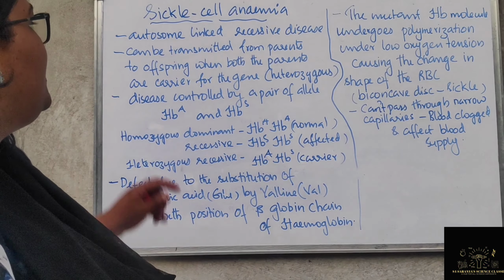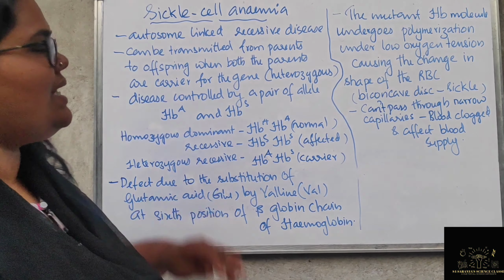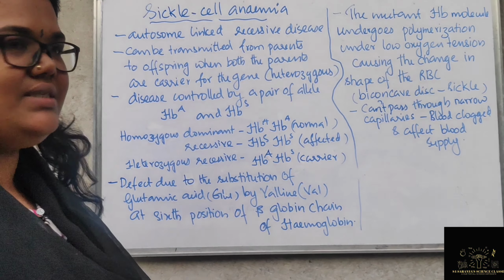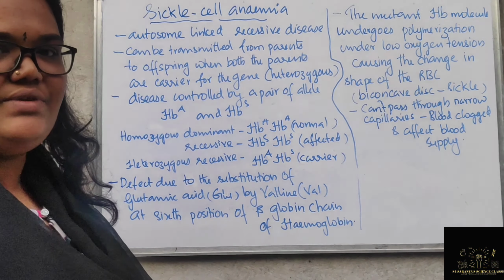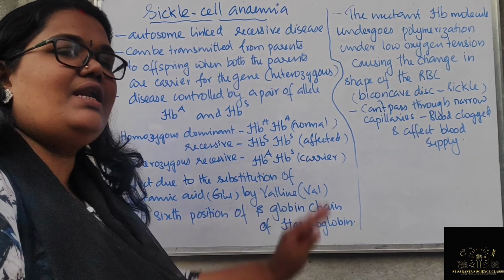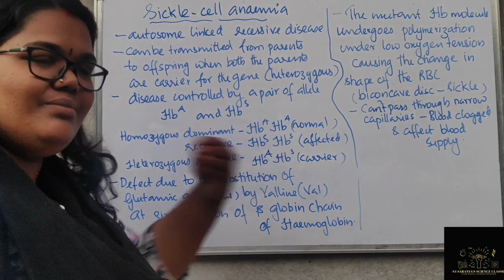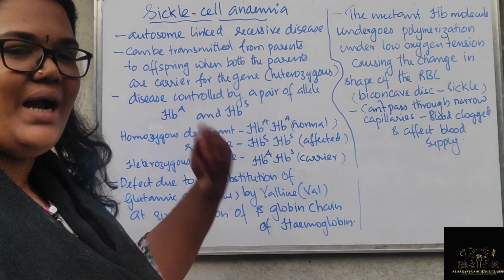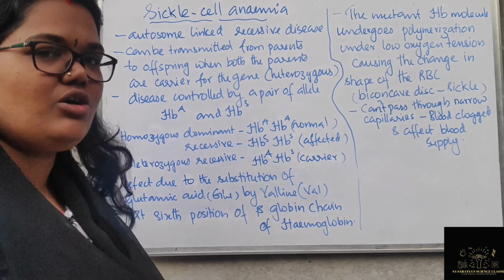discuss here, right? So here you can see that sickle cell anemia is an autosomal recessive disease. That means autosome linked recessive disease. That means it's not at all related to any sex chromosome. The remaining 22 pairs out of 23 pairs are known as the autosomes, right?